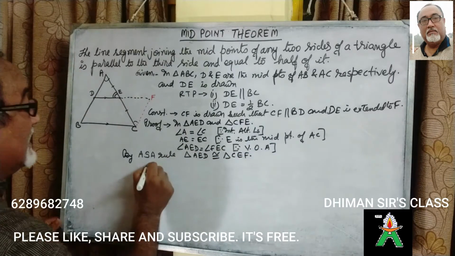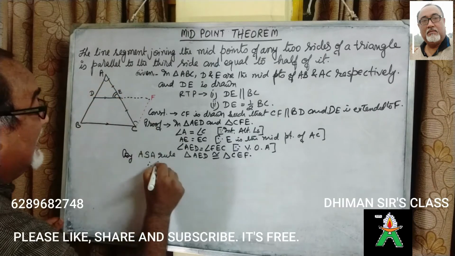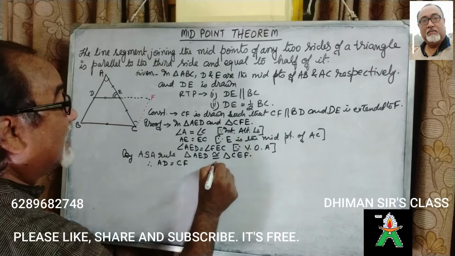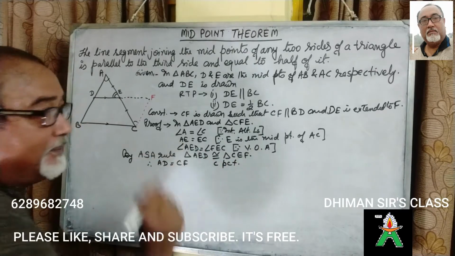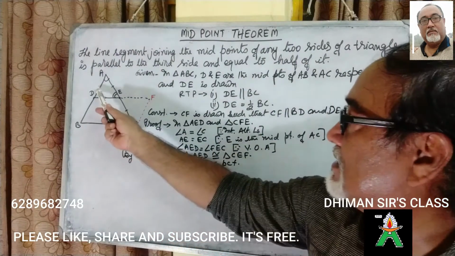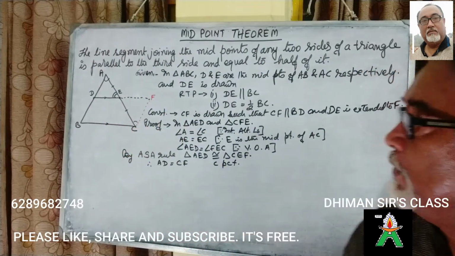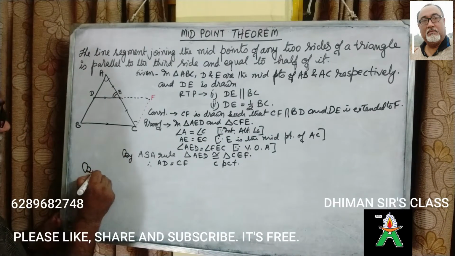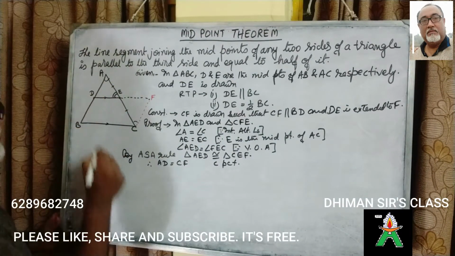So naturally, therefore, AD is equal to CF. Why, sir? CPCT, corresponding parts of congruent triangles. This side is equal to this side. We have proved. But AD is equal to BD.